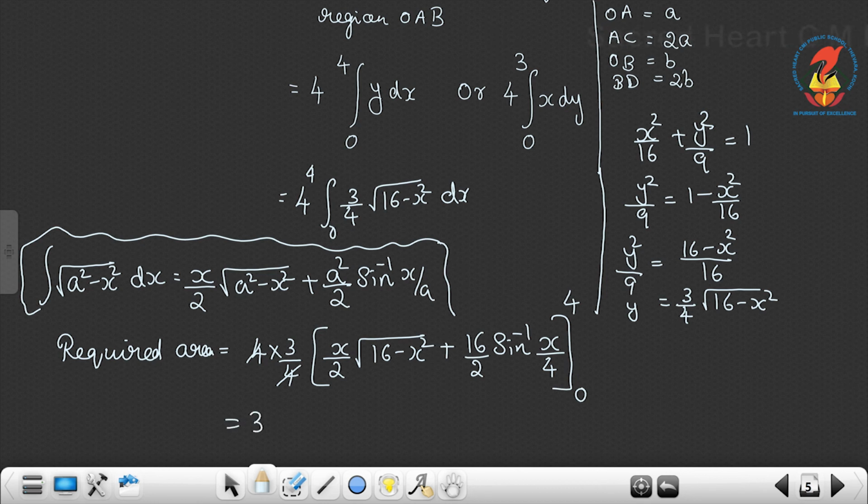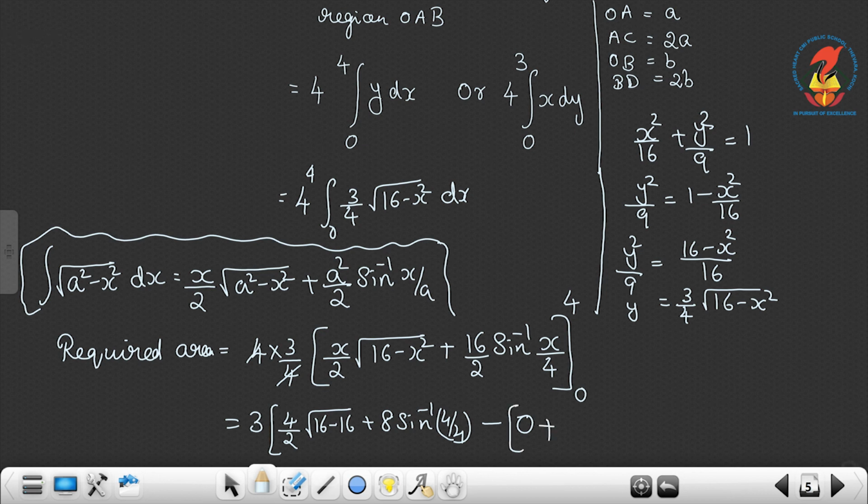So 3 into 4 by 2 root of 16 minus 16, applying the upper limit, plus 16 by 2 is 8 sine inverse 4 by 4. Then minus, after applying the upper limit, minus the lower limit. Put 0: 0 by 2 into root means it is 0 itself.